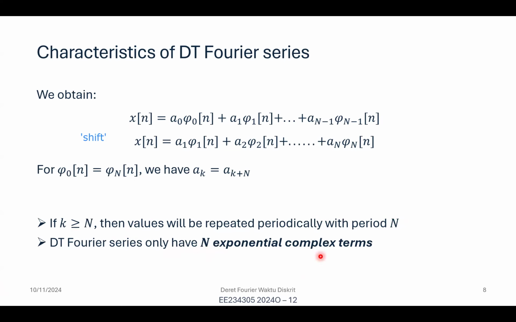So we are a little bit limited in terms of the number of terms, which is good because we do not need to look at an infinite number of complex exponentials, but instead we have only N values of complex exponential.